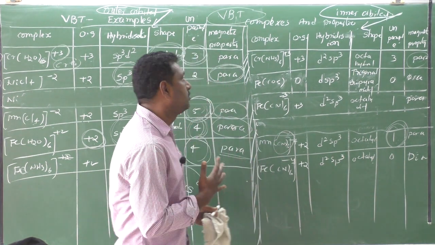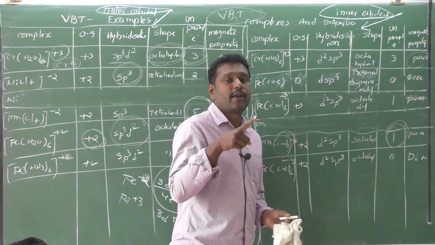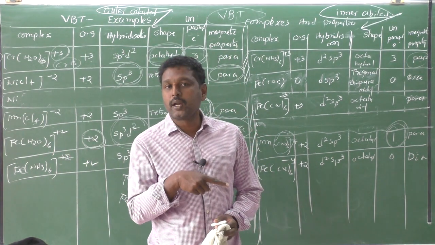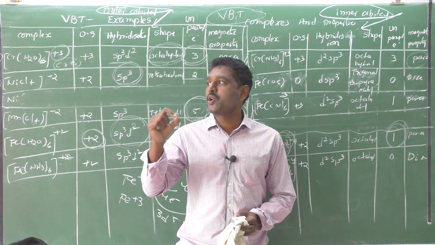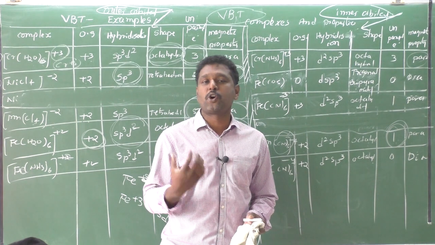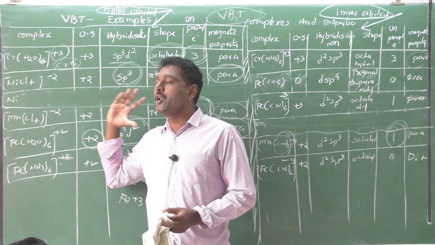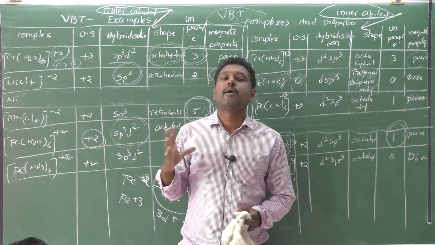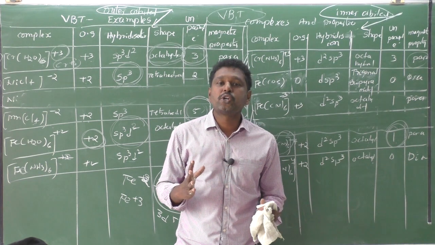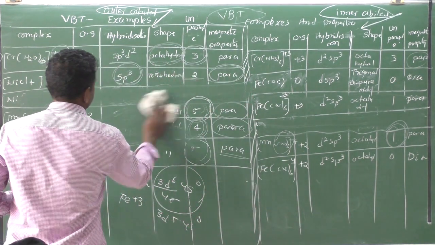Also, without knowing the oxidation number, we can't find the shape, because we need to know how many electrons are utilized, how pairing takes place, and how many unpaired electrons are possible. By knowing all these things, it is very easy to identify the hybridization and geometry of the molecule. This is about VBT and geometry of molecules.